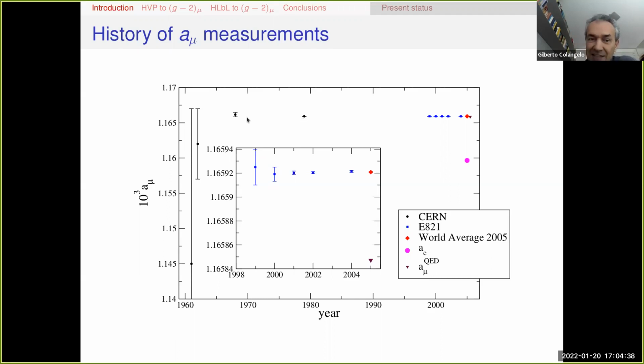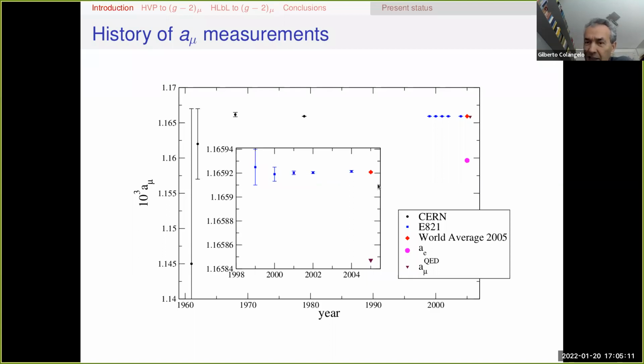I mean, it increased the accuracy dramatically with respect to the very first measurement. But after that, they stopped, and then there was an almost 20 years hiatus between that and the next experiment, which was carried out at Brookhaven, and which produced several measurements. You can appreciate also the reduction of the error on this zoomed in part of the plot.